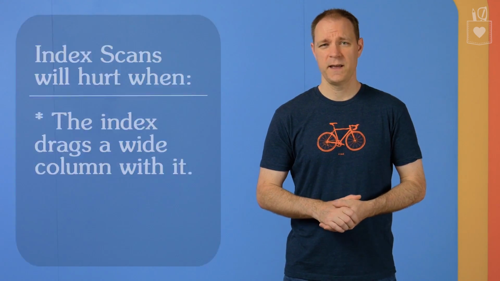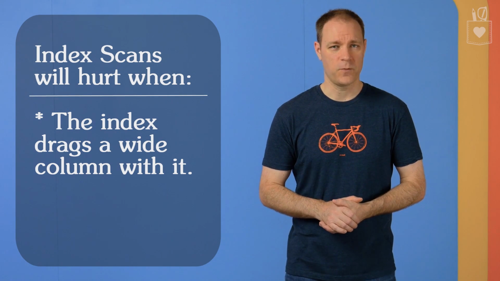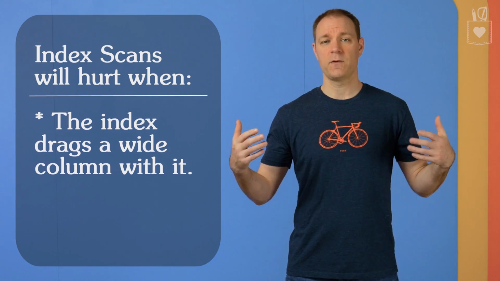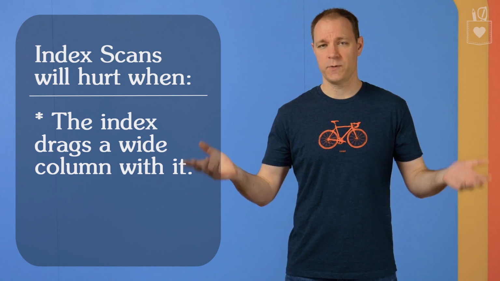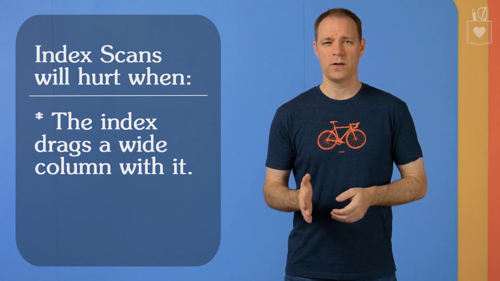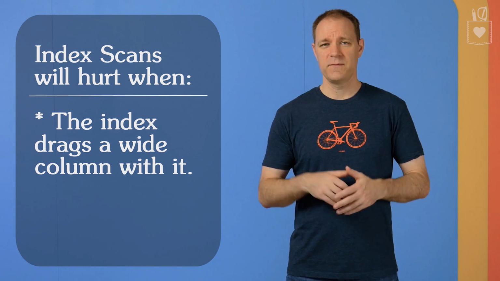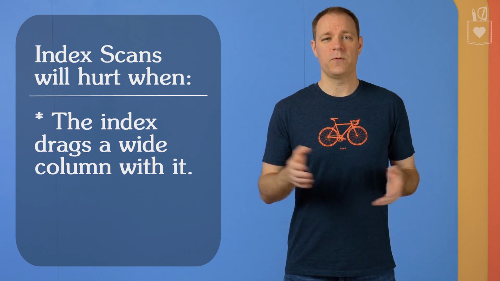One of the times that we should be unhappy to see an index scan is if the index in question has a really wide column in it. Say, for example, an nvarchar 4000 or nvarchar max or something really large, XML, image, whatever. If we can avoid hitting that column, then maybe it's better that we create a different index, even if it's a different index that we scan through.